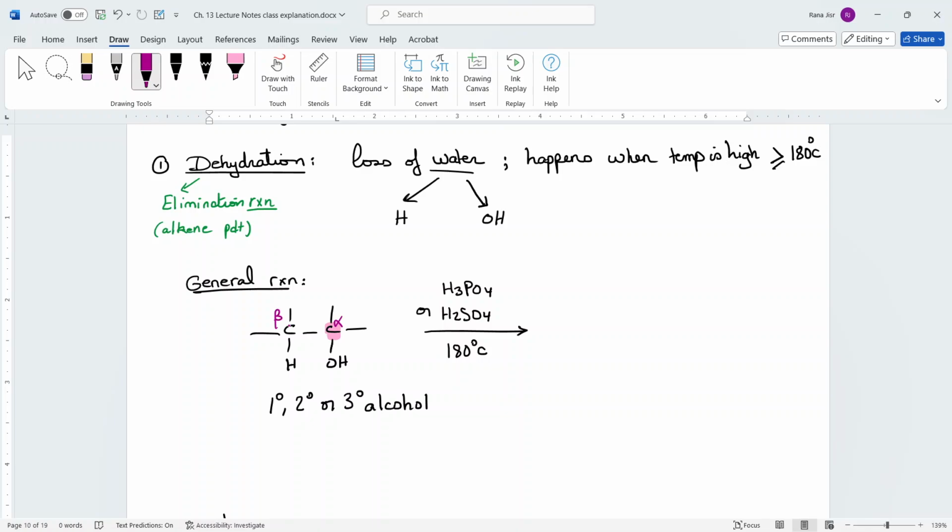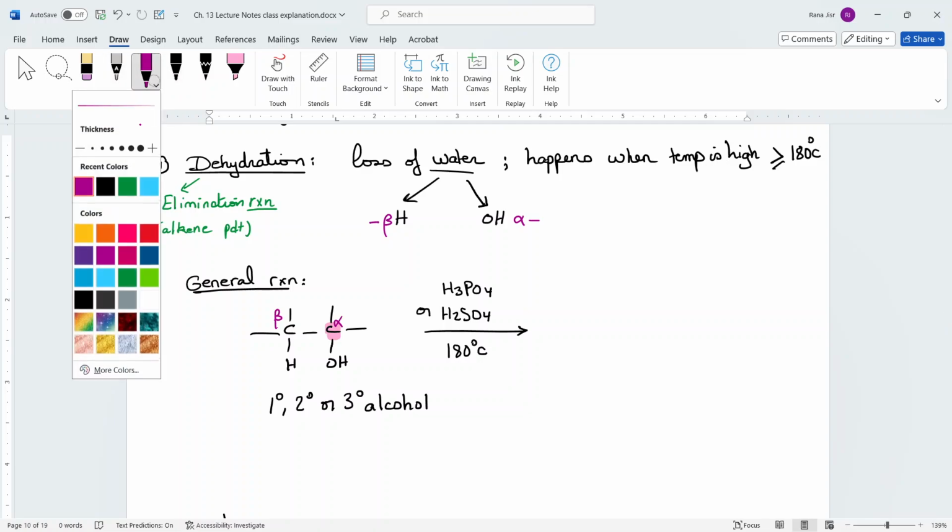So the loss of water is going to proceed as such. You are going to lose the beta hydrogen, and you are going to lose the alpha OH. So I will be breaking those two sigma bonds that you are seeing here.